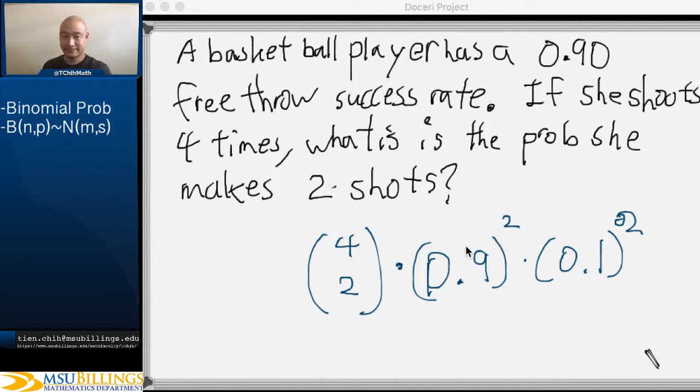Okay. Now, let's generalize this, shall we? What happens if instead of shooting 4 times, she shoots n times? Everything else is the same, except now instead of taking 4 shots, she's going to take n shots.